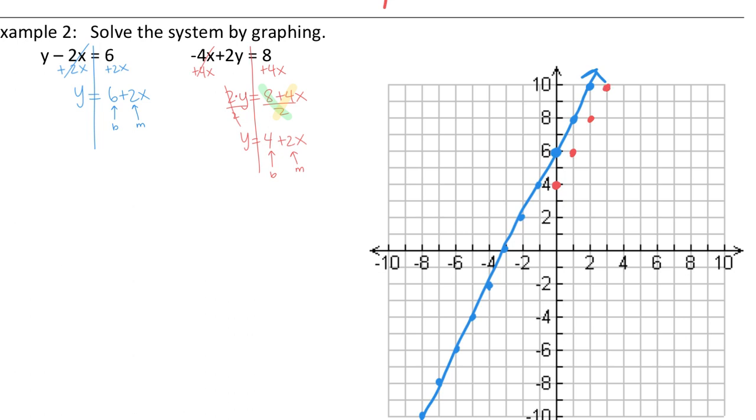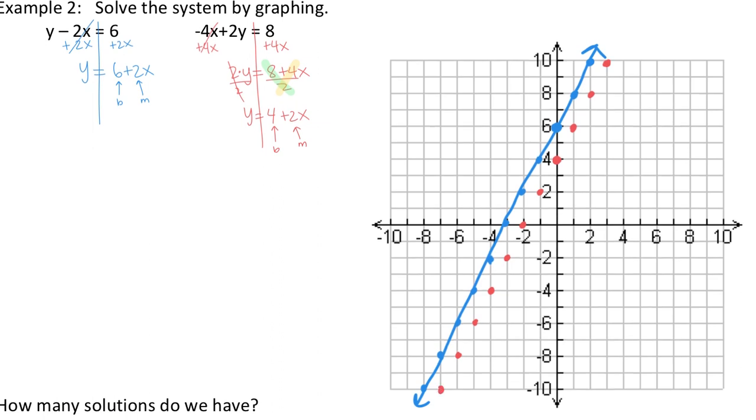Once I run out of room, I'm going to do the opposite and go down 2, left 1. As far as I can go, down 2, left 1. Looks like I made all my points I possibly can, so I'm going to draw my line and connect. Put those arrows on the end.